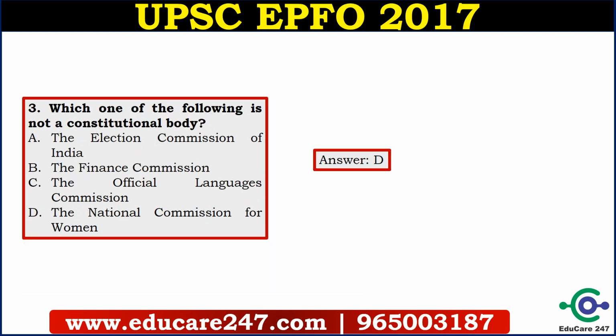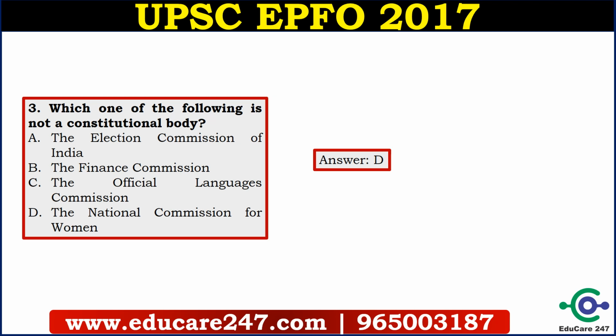The next question is, which one of the following is not a constitutional body? So this is also a very important question. Every year a question related to constitutional bodies and non-constitutional bodies is asked in the examination. So you have to go through the important details of these bodies. Here the Election Commission is a constitutional body. The Finance Commission is also a constitutional body.